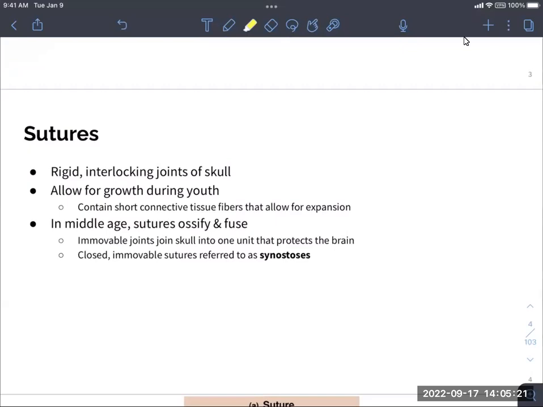So like that coronal suture, that sagittal suture, that lambdoidal suture, all of those sutures in the skull, they're technically a type of joint, but they are immovable and they just join the skull into one unit. So sutures can also be called synostosis.